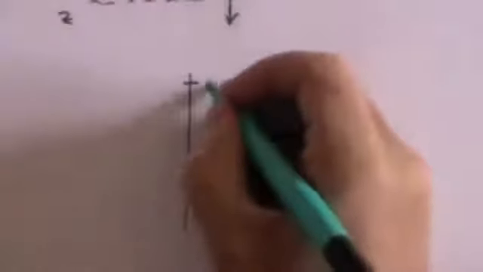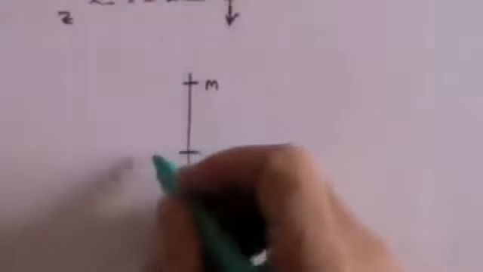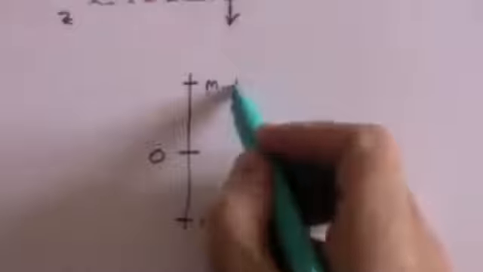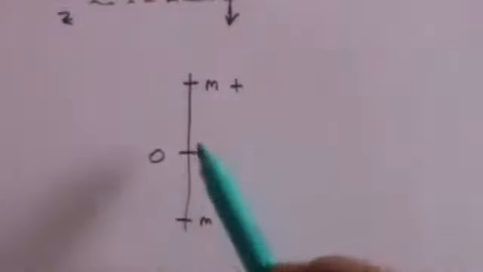So if you look at that z-axis, you will find that there's a maximum value of M, there's a minimum value of M, there'll be what one might call a 0, that will be a plus M, that will be a minus M. There's a 0 value which effectively accords when the angular momentum is aligned along either the x or the y direction, you don't know which, but it's essentially perpendicular to the z-axis.